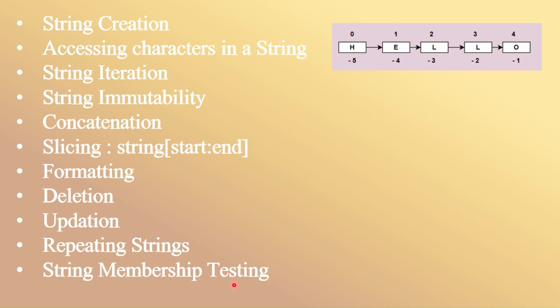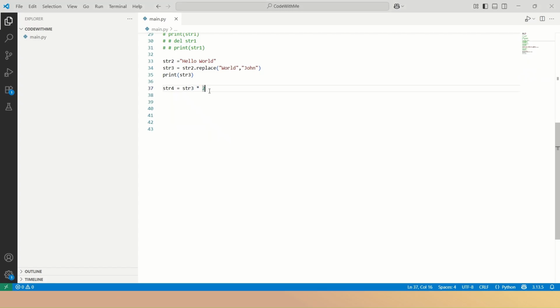And finally, string membership testing. String membership testing is nothing but checking whether a substring is present in the main string or not. Let's say we already have string3 as hello John, right?